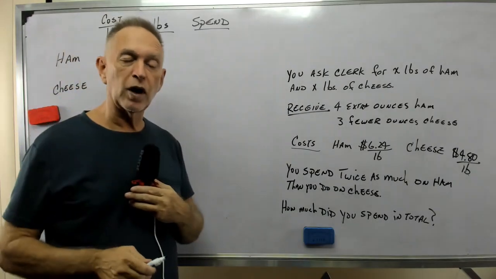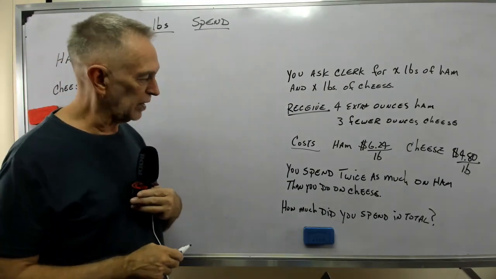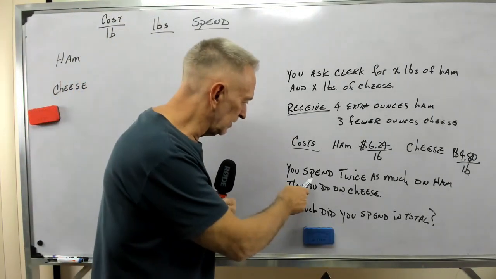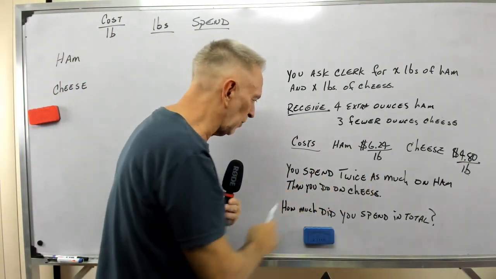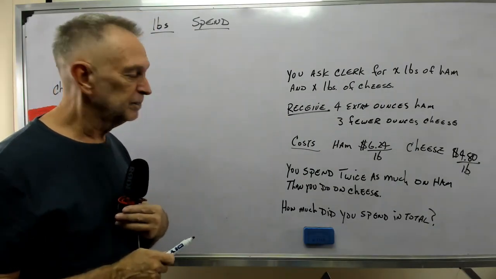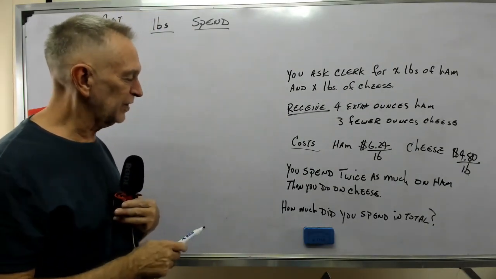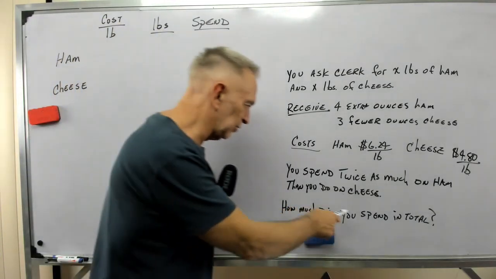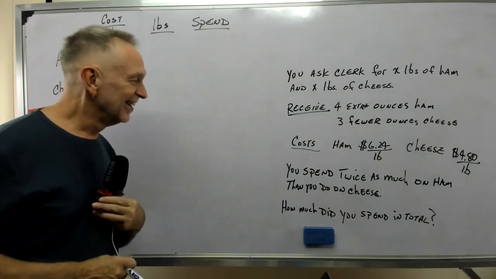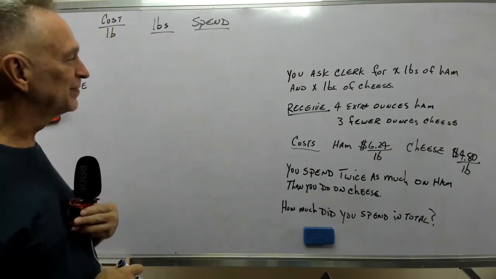Cheese is $4.80 per pound. It says that we spend twice as much on the ham than we did on the cheese. So what we have to figure out now is how much did you spend in total? Whoa, that's a cool problem.